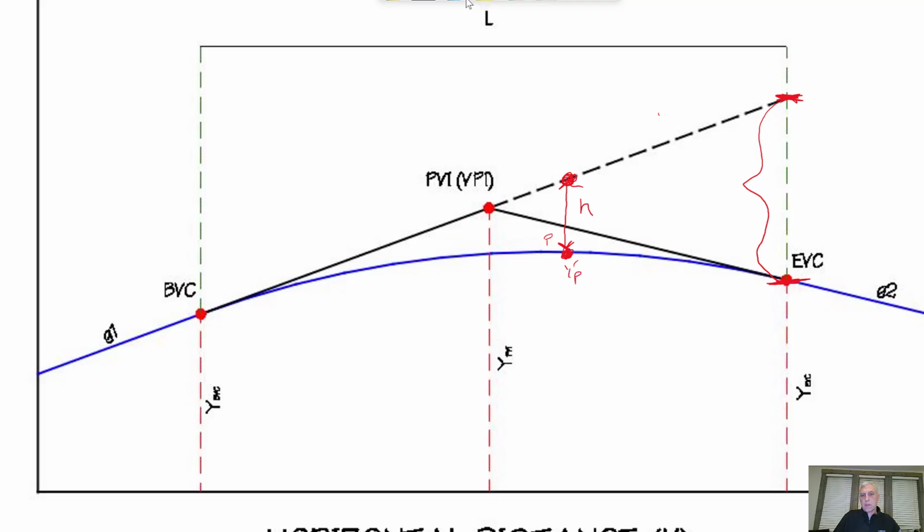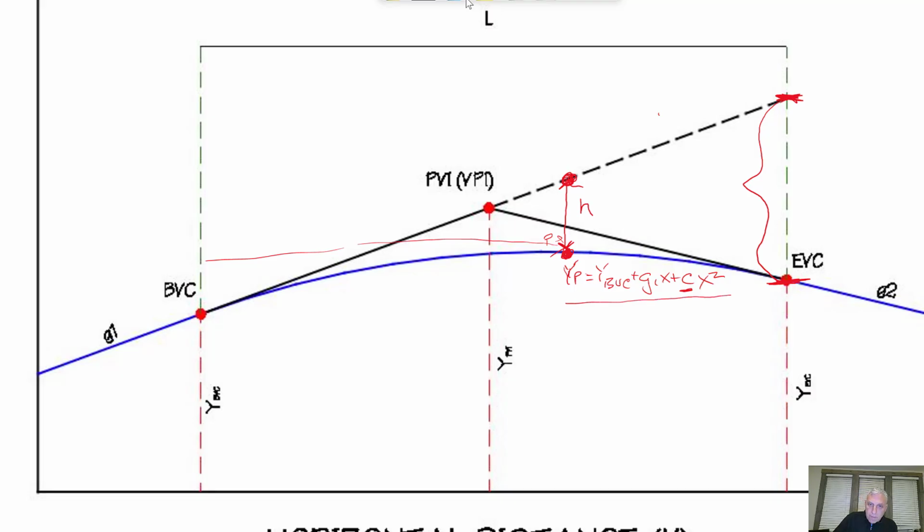Let's call this point P. Then the elevation at point P is equal to just our parabola equation: y of the BVC plus G1 x, x being the horizontal distance to P, plus this letter C that we're motivating here, x squared. So that is the elevation at point P.